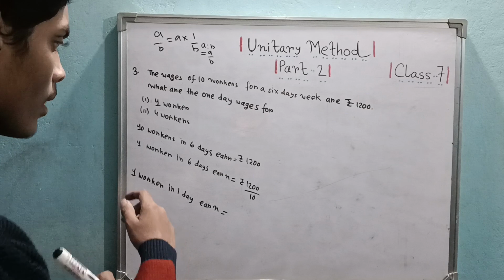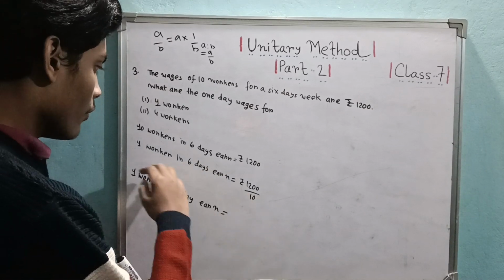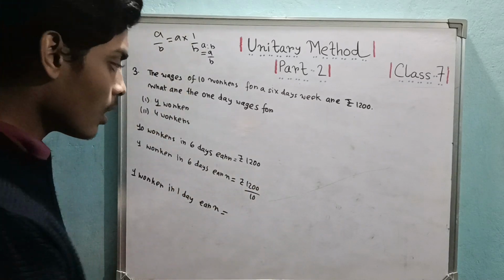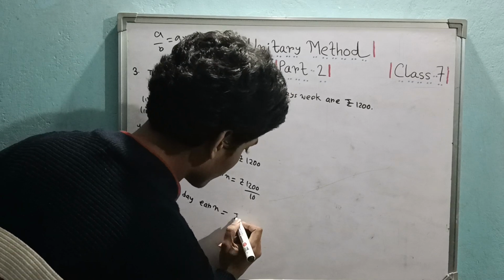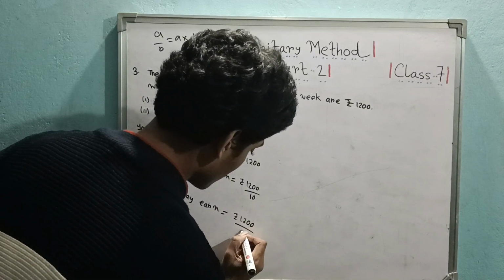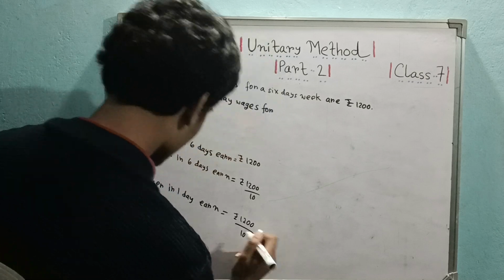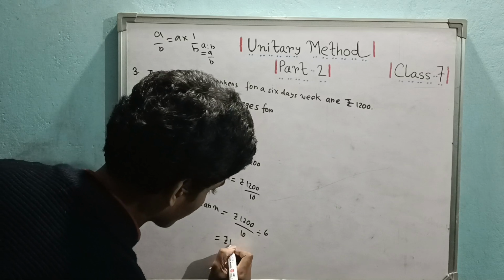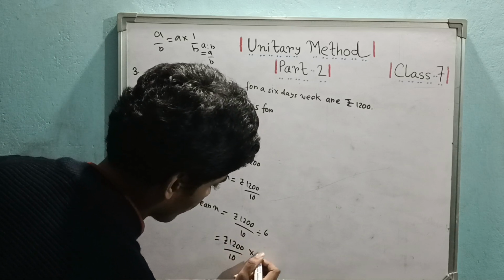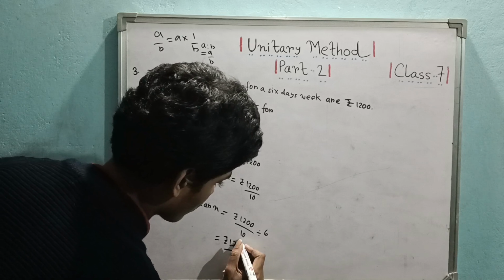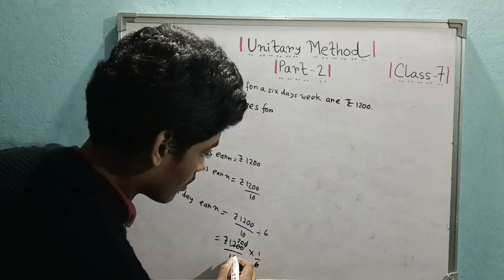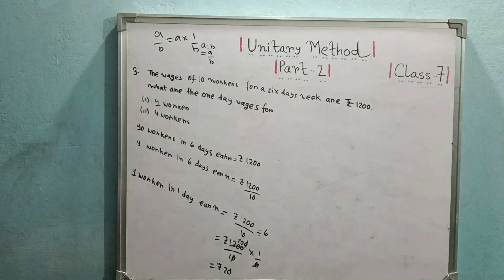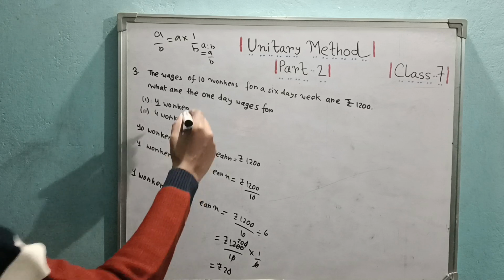That's quite obvious. So when one worker works for 6 days he earns something, and when that one worker is working for one day, he will earn less money. So again it's divided. So rupees 1200 by 10, divided by 6, so 6 to 1, equals rupees 1200 by 10 into 1 by 6, rupees 20. So one worker in one day earns rupees 20, and you got the answer of the first question here.